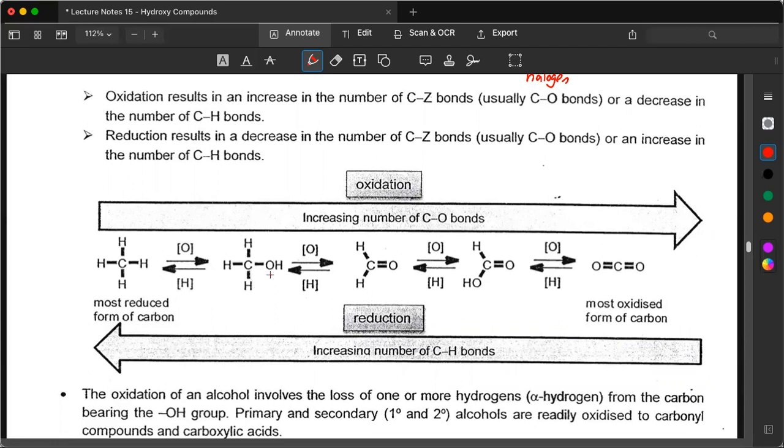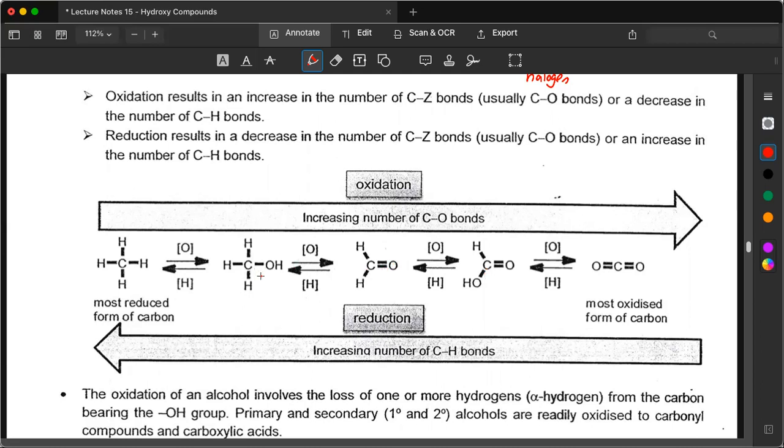The number of hydrogen remains, but the number of oxygen increased by 1. With further oxidation, the alcohol forms a carbonyl compound, in this case, an aldehyde. And further oxidation will produce carboxylic acid, which is methanoic acid in this case.